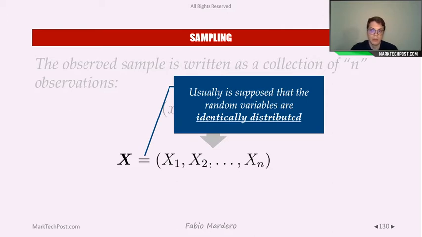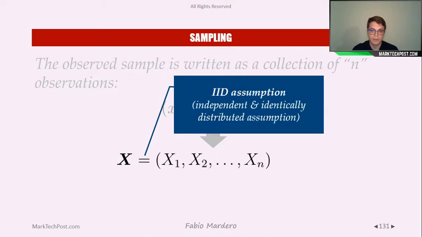That's why, talking about, for example, the weak law of large numbers and the central limit theorem, we assumed in the statement that the random variables were IID, independent and identically distributed. That's the IID assumption.